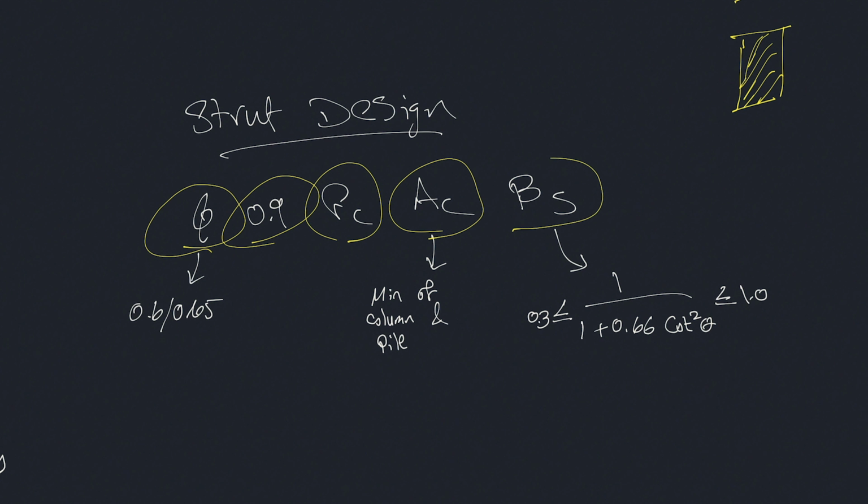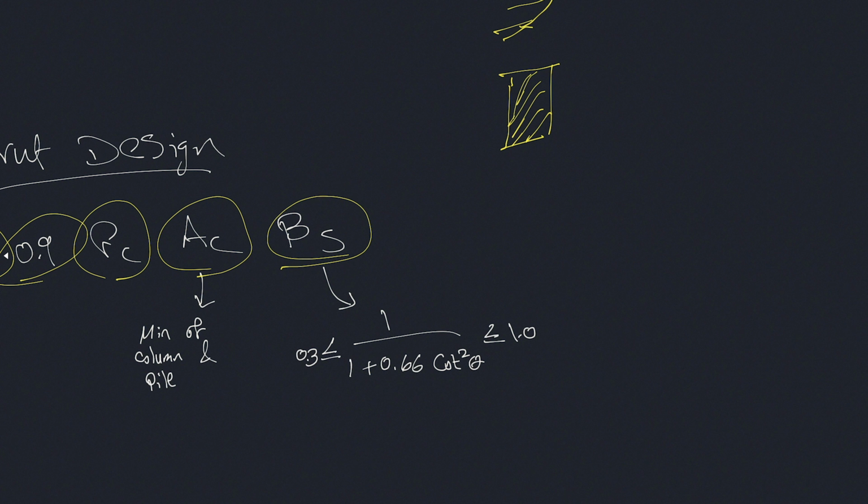And the last thing that you need to incorporate is your efficiency factor. So basically this efficiency factor takes into account the fact that when you have a strut that's perfectly vertical, you can get a full capacity, or somewhat very near to full capacity, of your concrete.